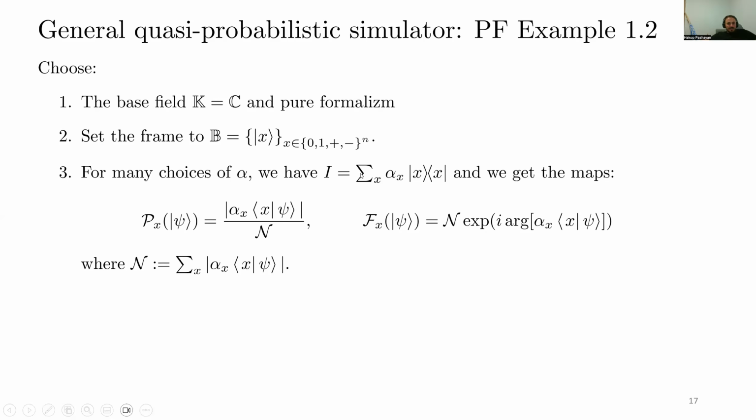And in this setting, there are many choices of alpha that ensure that the sum over all these is the identity. And it's important to note that we're not committed to our choice of alpha or P or F throughout the entire simulation.